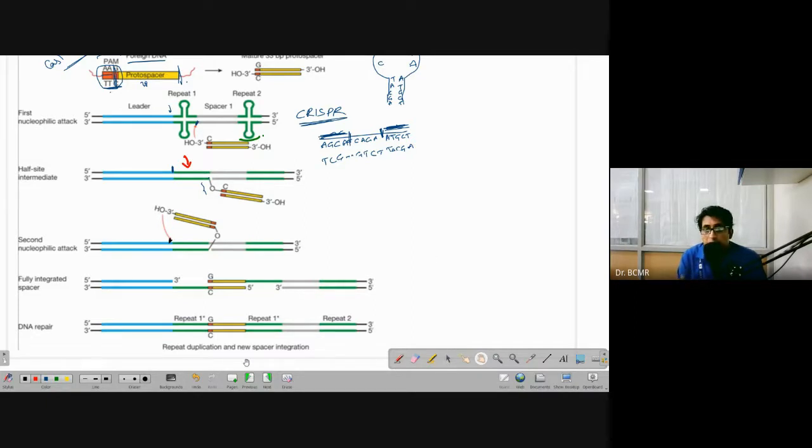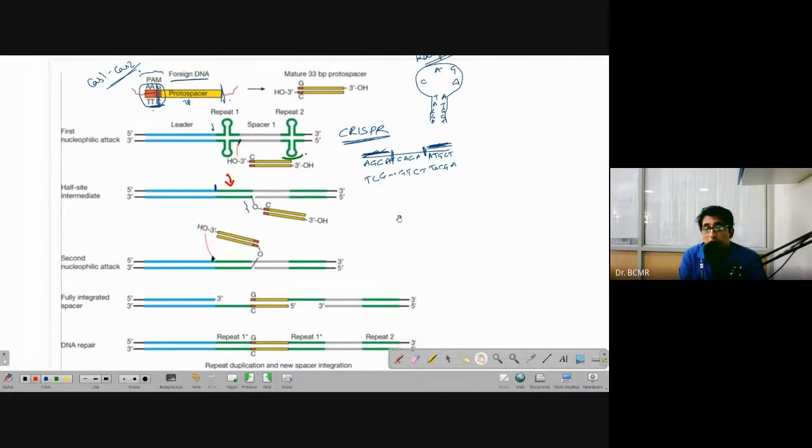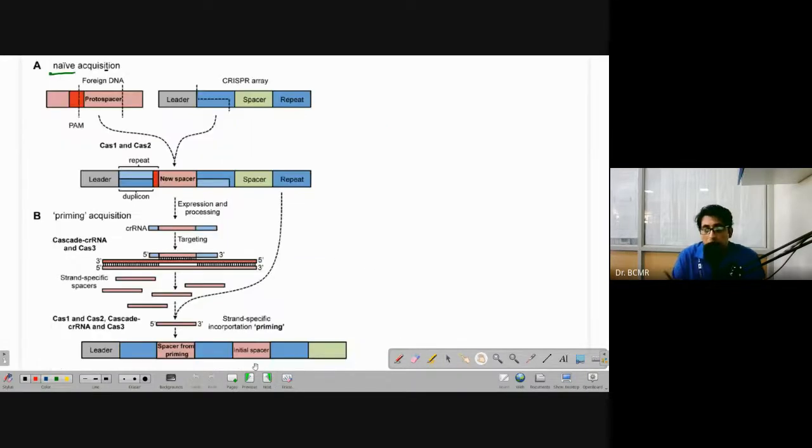So this is the first time, assume a novel phage has infected, and the Cas1 and Cas2 proteins have been successfully able to identify and degrade it, and then they would have incorporated it. Now this bacterium is immune to that particular phage.